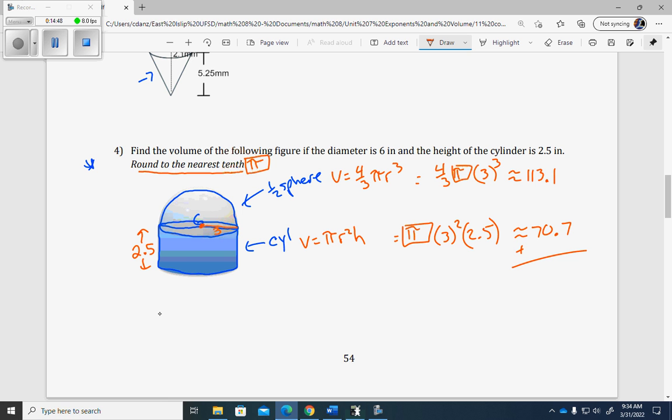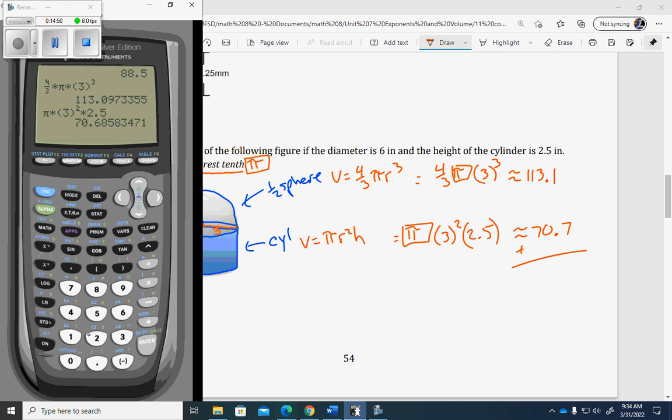When I add those two numbers together, see how I'm using all the numbers on the screen. I'm adding that 113 point so-and-so to the 70 point whatever.